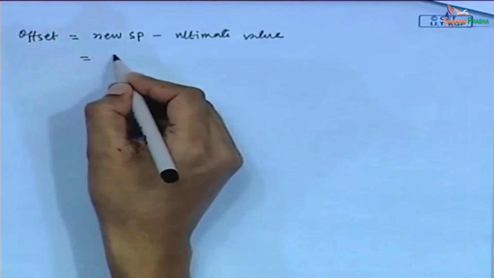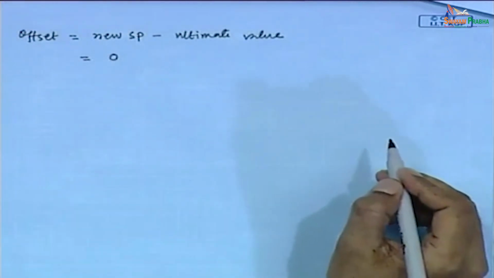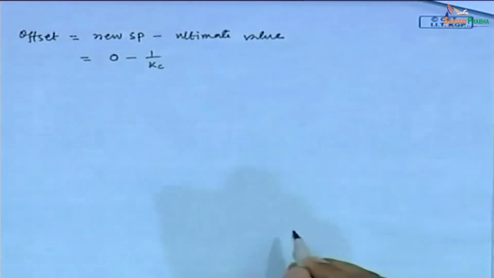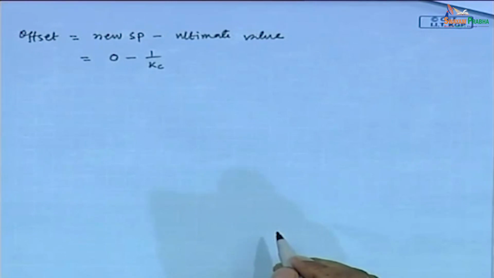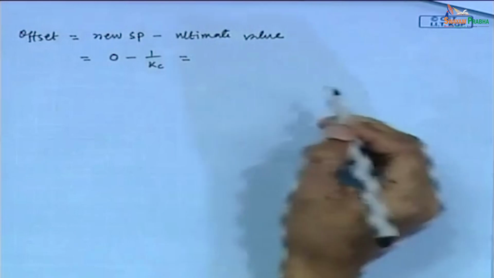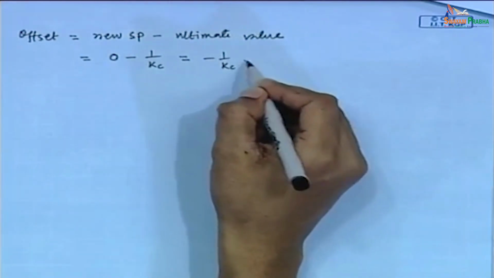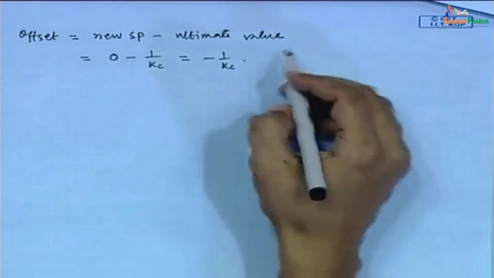So, the new set point is 0 and the ultimate value is minus 1 by Kc. So, the offset is equal to minus 1 by Kc.